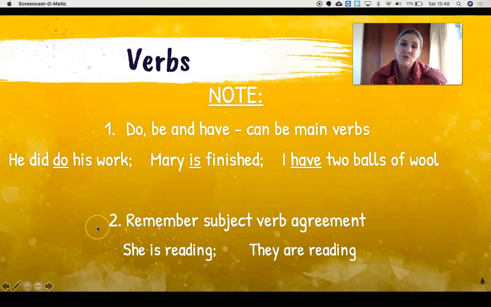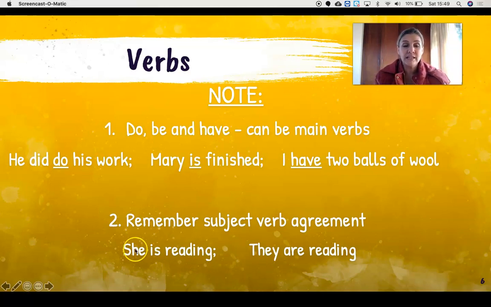The second thing is to remember our last lesson on subject-verb agreement. And if you haven't looked at that one, maybe you should do that first. So remember, we spoke about singular subjects need a singular verb, and plural subjects need a plural verb. And so, for example, in these two sentences, she is reading, not she are reading, and they are reading, not they is reading.